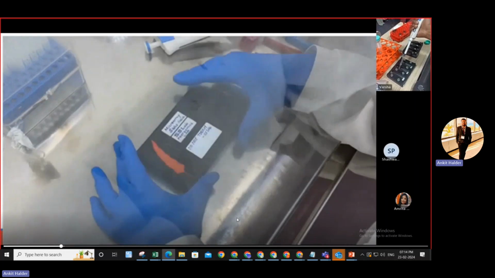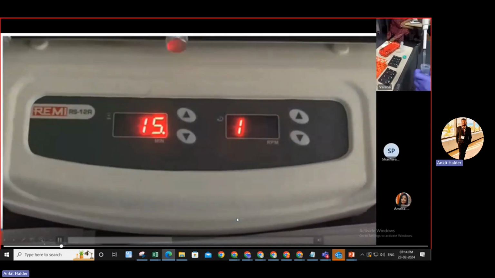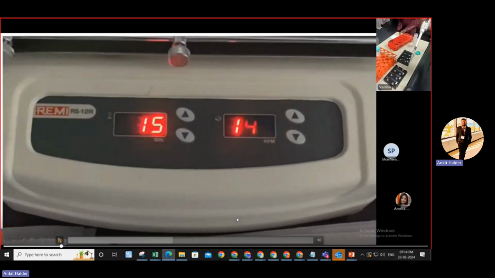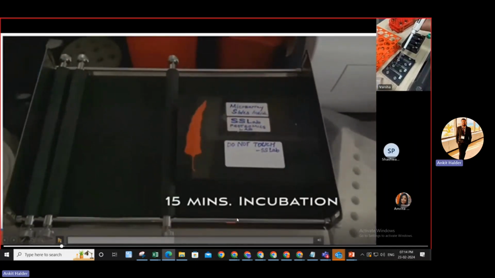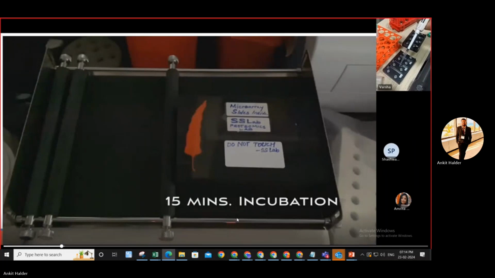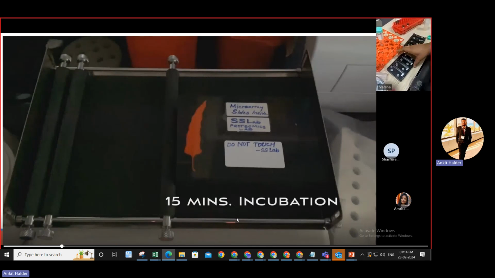We check whether the basket has been mounted properly and the screws are tight.